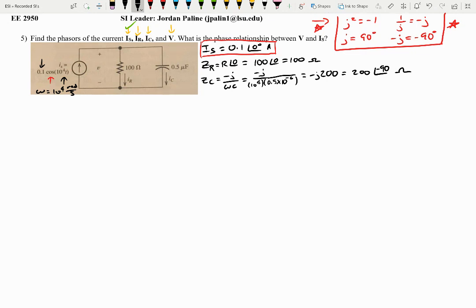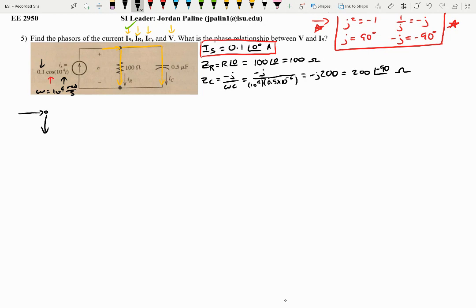Okay, so moving on. If we need to find this current and this current, and we know this current comes in here and breaks up into these two currents, to me that's screaming current division. But that could get a little complicated. How about instead we use KCL?